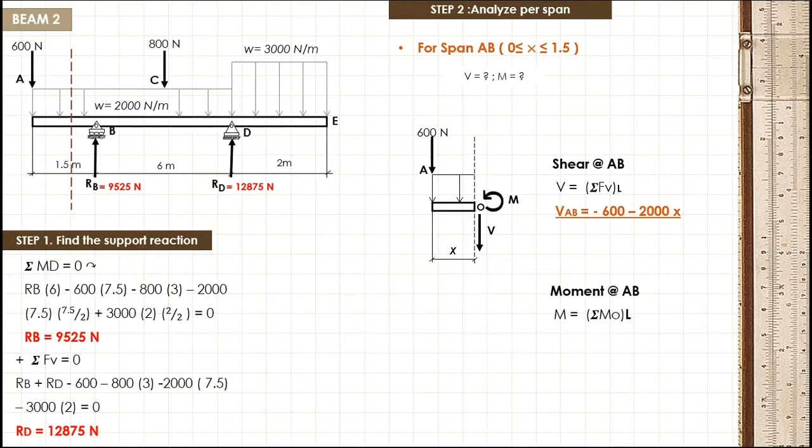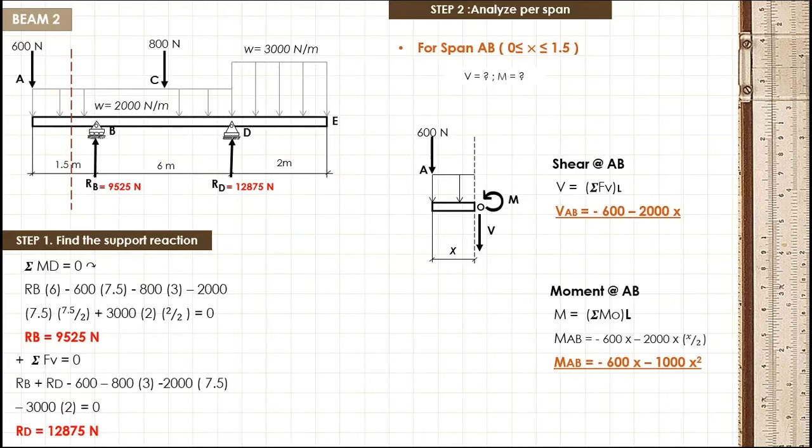We have a negative 600 multiplied by X minus 2000 multiplied by X multiplied by X over 2. Now, let us simplify. We have negative 600 multiplied by X minus 1000 multiplied by X squared.